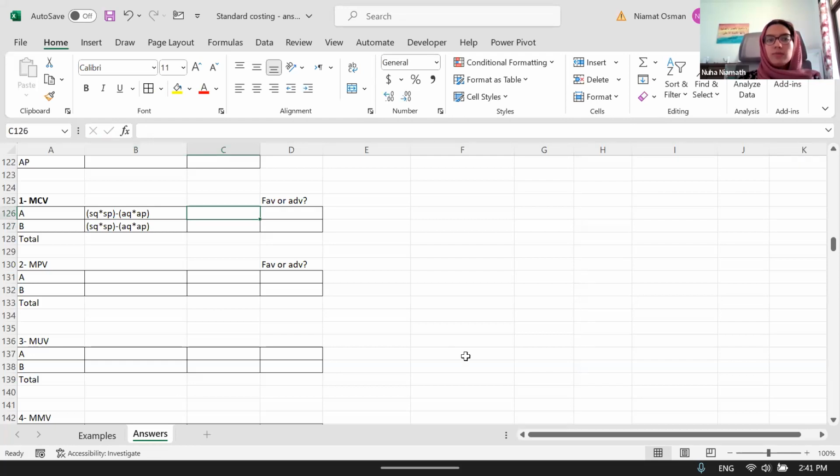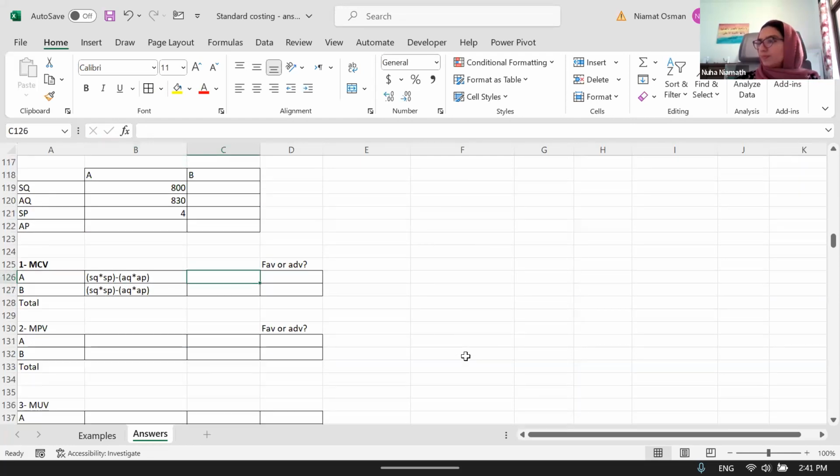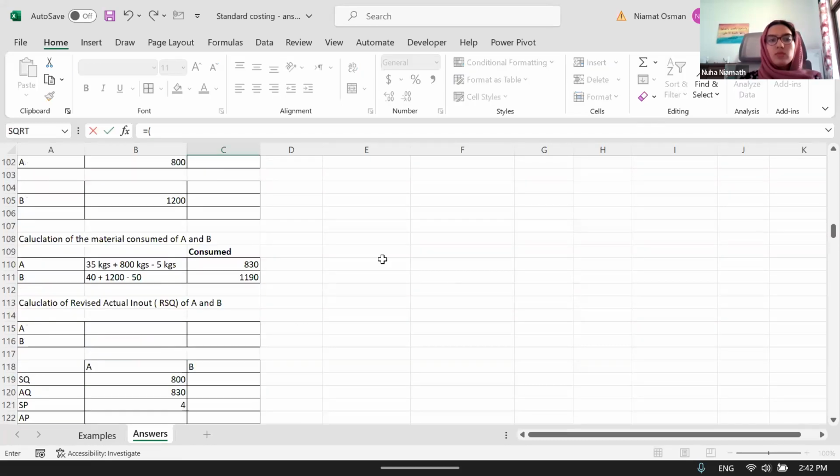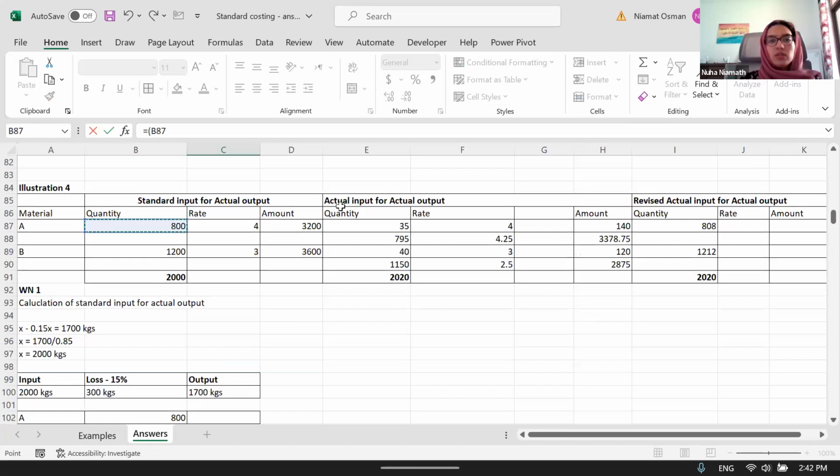So how do we do this? It's SQ into SP minus AQ into AP. So we have 140 minus 3378.